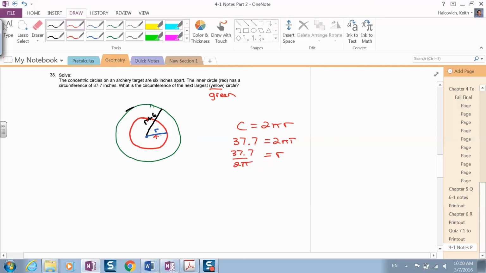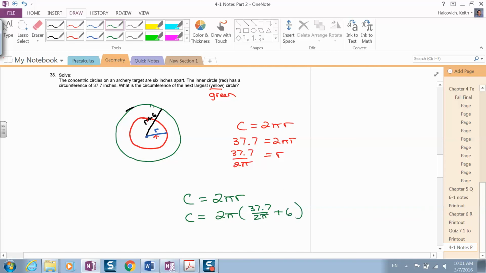Now, it wants to know the circumference of the next largest circle, which we made the green circle. You find it by going 2 pi r. In this case, it's 2 pi times 37.7 over 2 pi plus 6, because it's r plus 6.